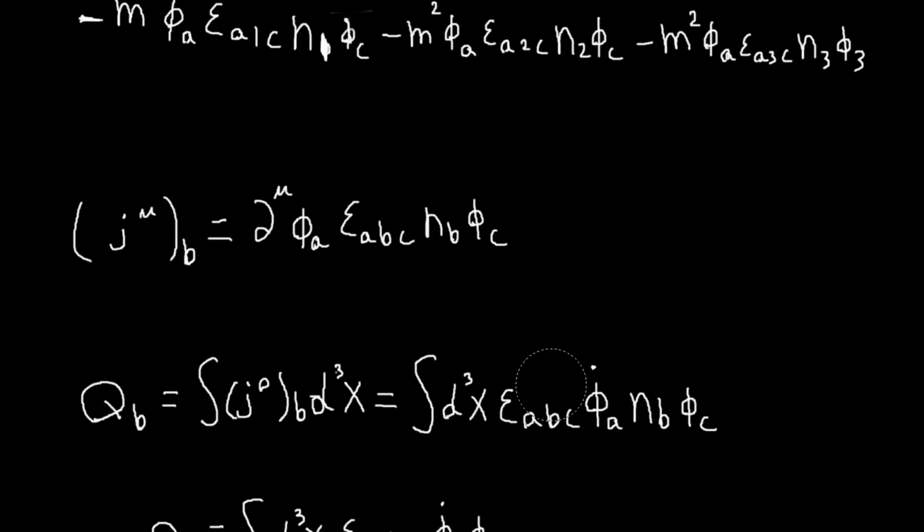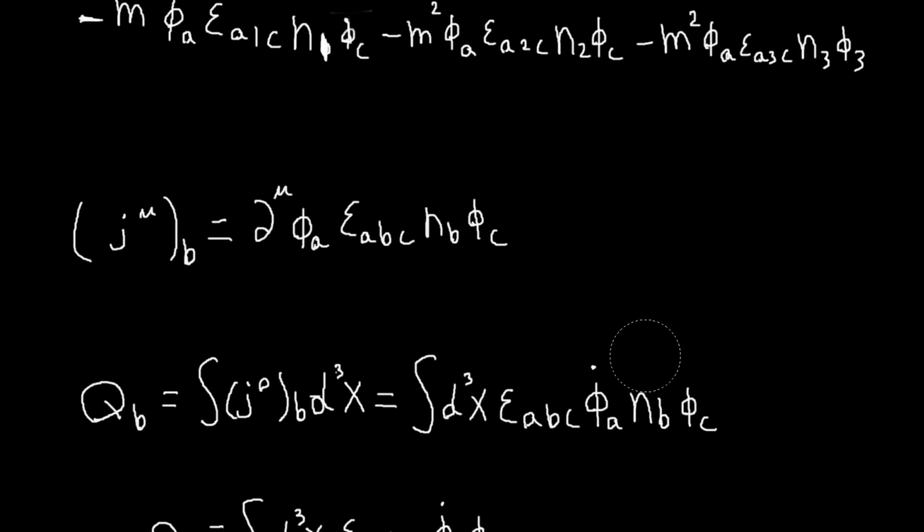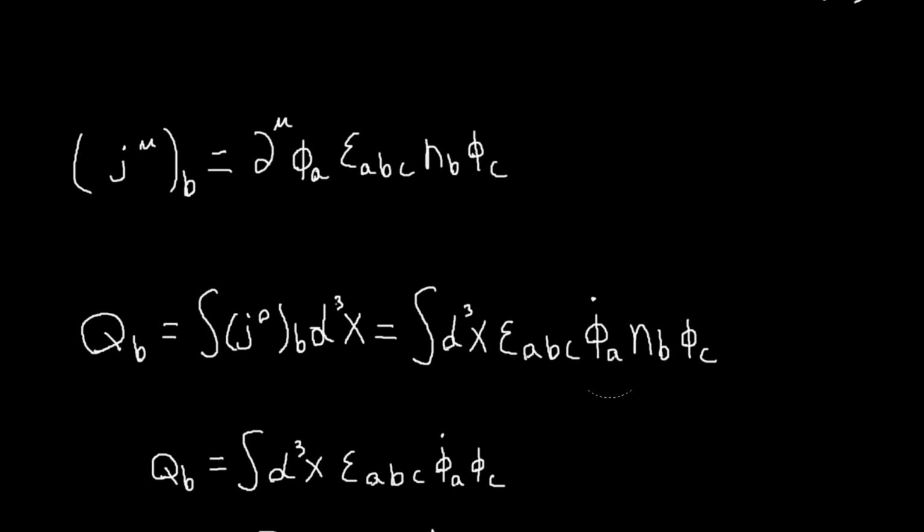So our conserved charge will be this. Again, in this expression, I'm not summing over b. So b here is just a constant.